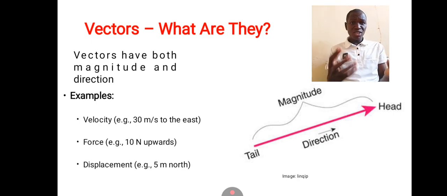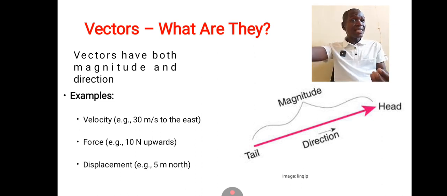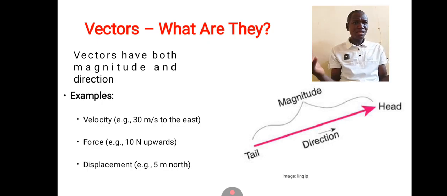When we talk about velocity, velocity has direction. If you are measuring velocity, it has direction. For example, if I say 30 meters per second to the east, that's direction. I'm giving direction of the velocity, making it a vector quantity.